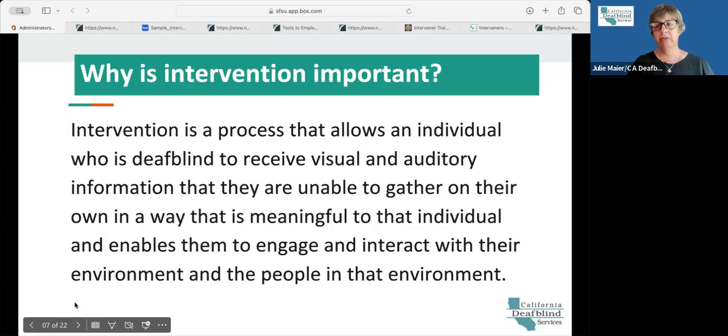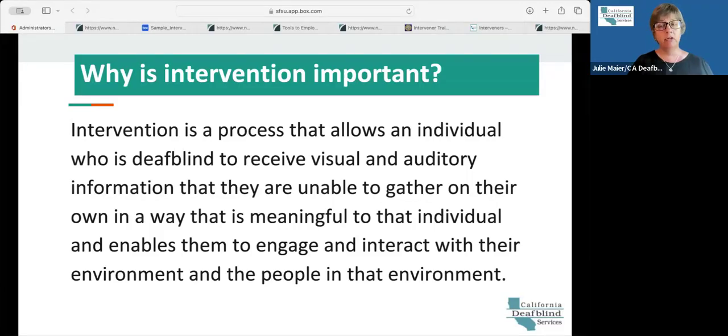So why is intervention important? Why are you here? Why are families asking for this? Why should you care? You have to really understand the deafblind perspective and how different it is for a child that has either limited, missing, or distorted visual and auditory access. So intervention is a process that allows an individual who's deafblind to gather that visual and auditory information that they can't gather on their own, in a way that's meaningful to that individual and enables them to engage and interact with their environment and people in that environment.